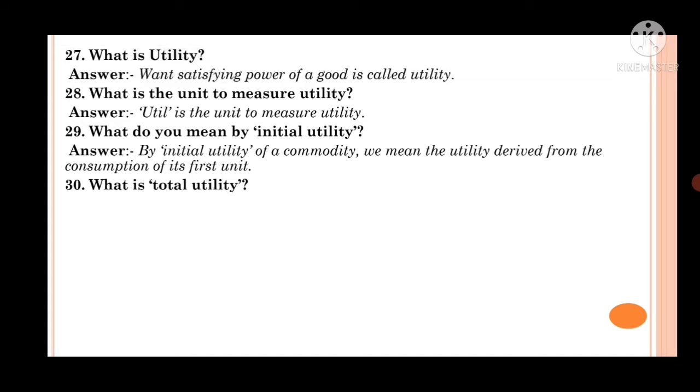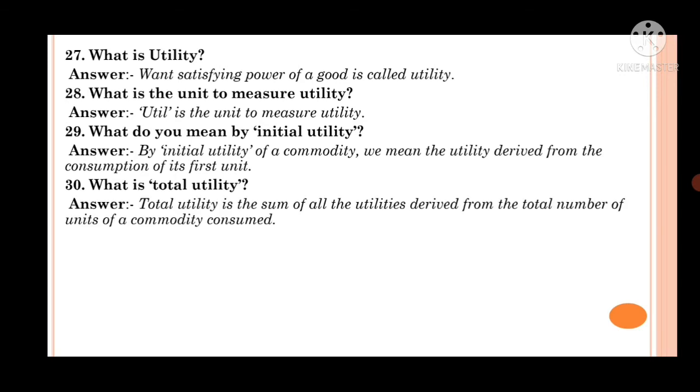What is total utility? Answer is, total utility is the sum of all the utilities derived from the total number of units of a commodity consumed, right? So what is total utility? It is the sum total of the utilities derived from all the units of the commodity consumed, right?